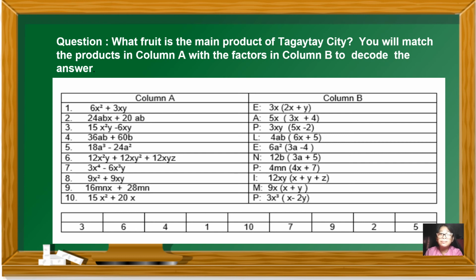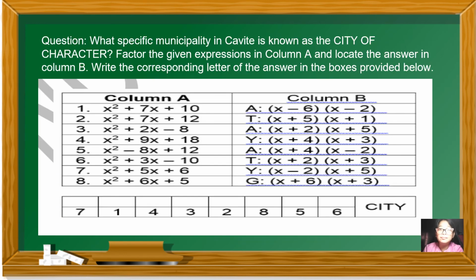You will match the products in A with the factors in B to decode the answer. And another activity: what specific municipality in Cavite is known as the City of Character? Factor the given expression in A and locate the answer in B. Write the corresponding letter of the answer in the boxes provided below.